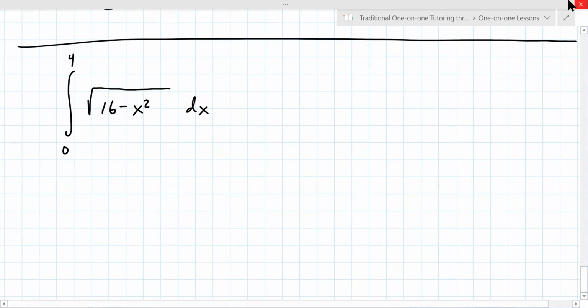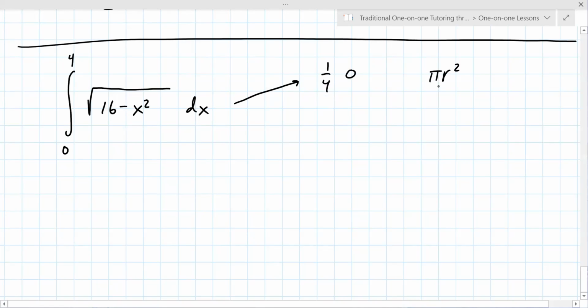So it's 8 pi. Yeah, so this is the equivalent of a quarter circle. So the whole circle.